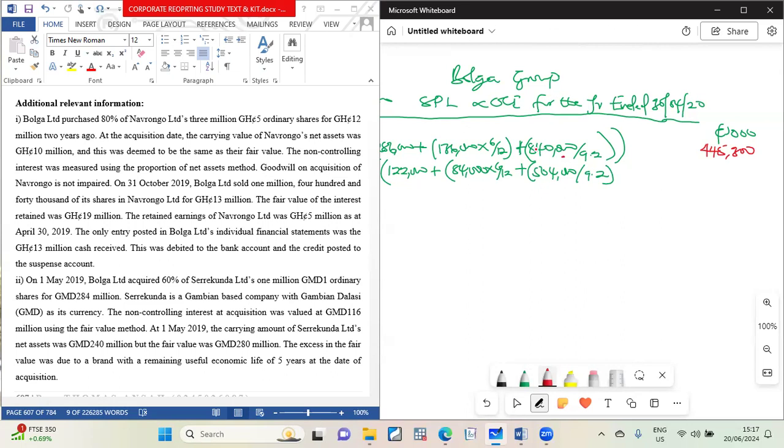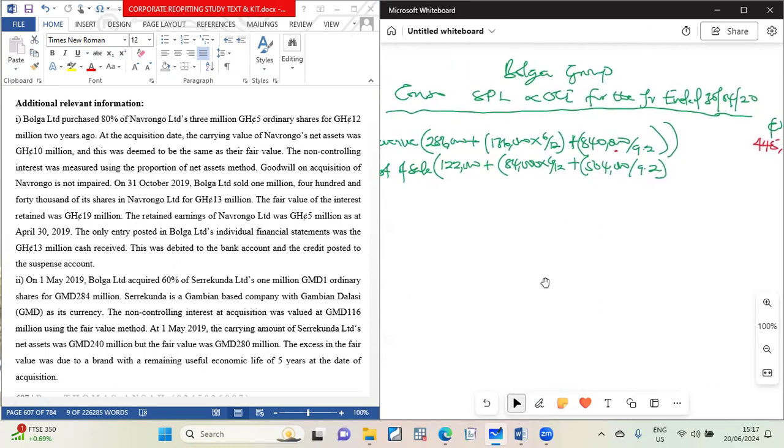Then you do the half of 136, or you can punch it straight away on your calculator and it gives you the thing, but be careful. So open a bracket, do 286,000, then plus another bracket, 136,000 divided by 2.